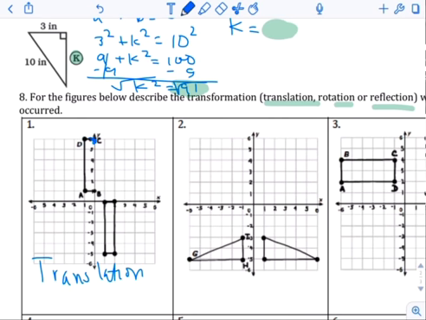So from here to here, what happened? It went one to the right, and a lot of ways down. 1, 2, 3, 4, 5, 6, 7, 8, 9, 10, 11, and down 11.